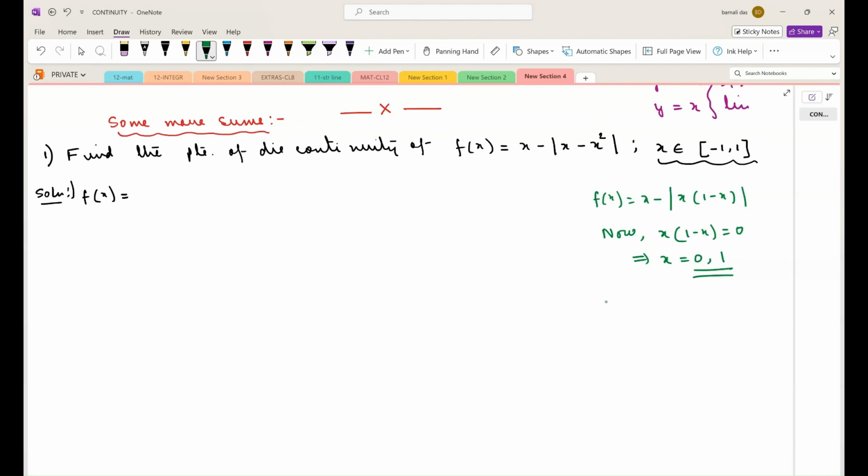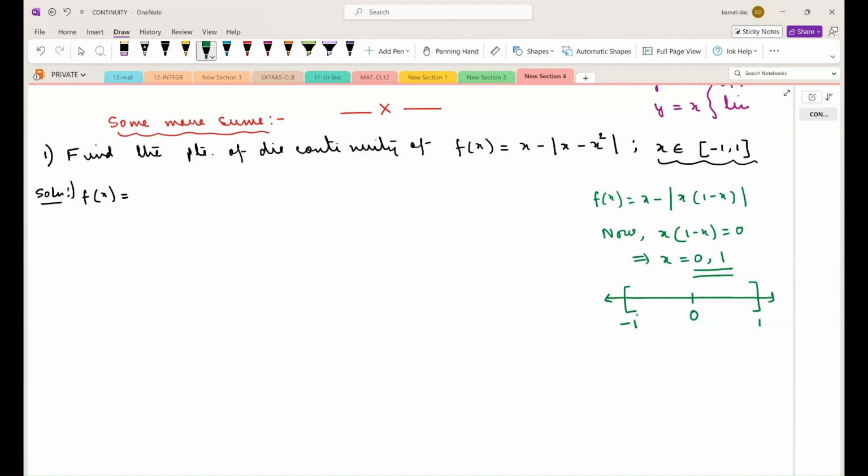That means if this is my number line, the domain of the function here is given to be minus 1 to 1. So 1 is already one of the boundary points, and 0 is here. So this is how we break the points.